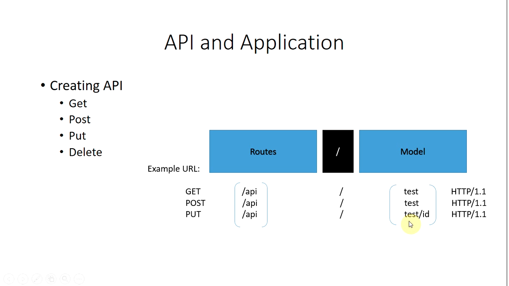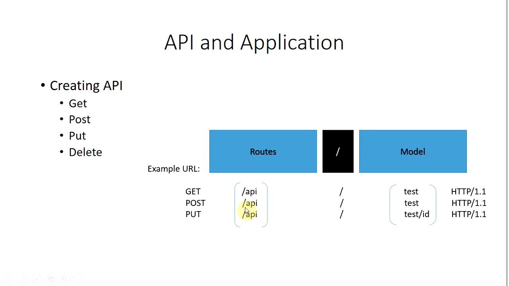So overall it becomes a part of the URL, like API slash test. It is for get method, API slash test for post method. Inside get, we just request to get method and get data from the database.